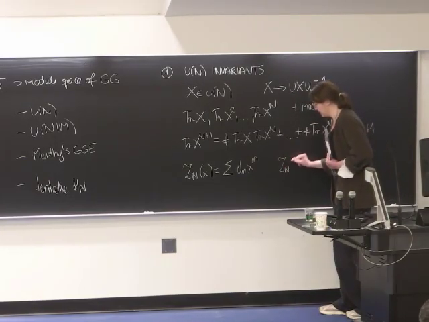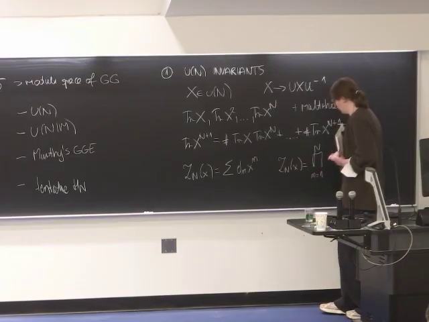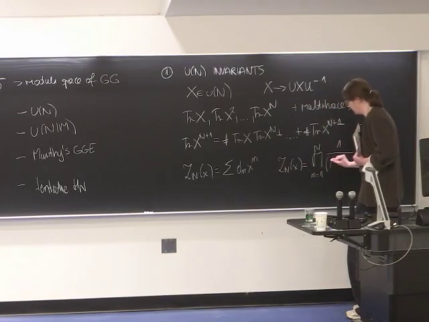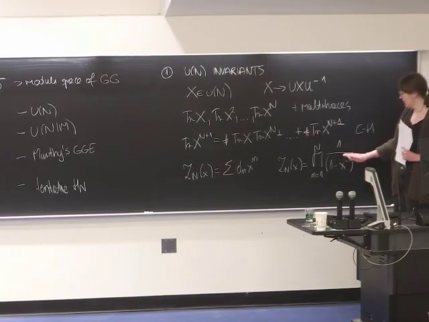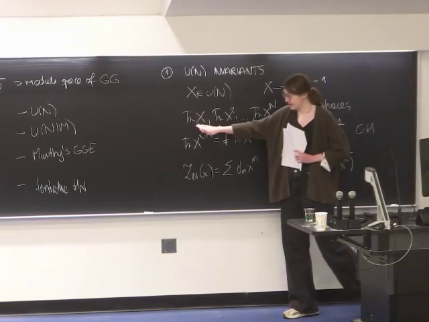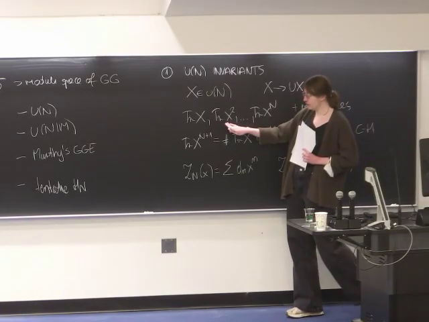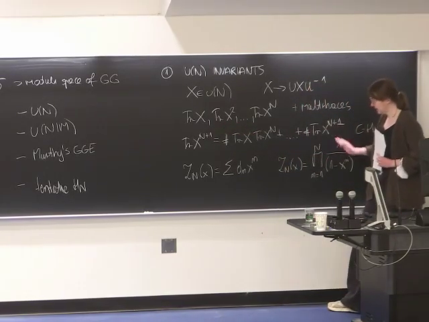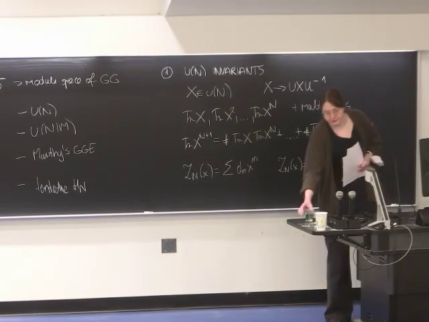So Z_N is a product; for example, 1 over 1 minus x counts polynomials in trace x, and the next factor counts polynomials in trace x squared. Then we have a product because we can multiply them, and we stop at n because of this trace relation.